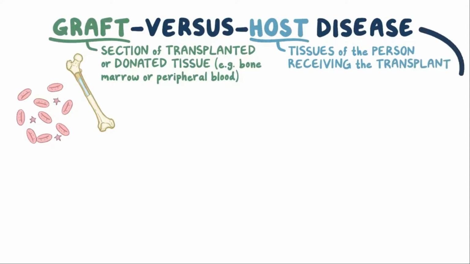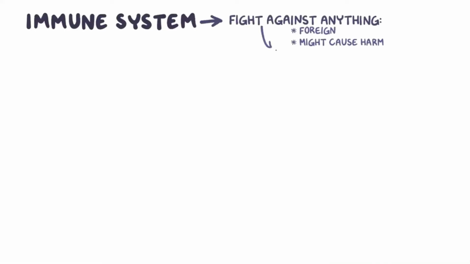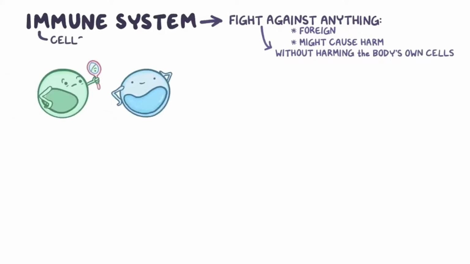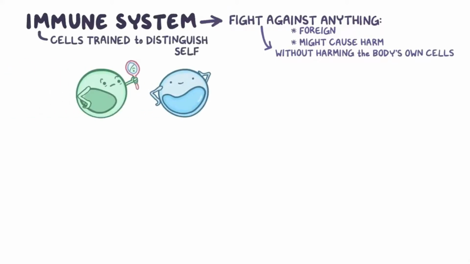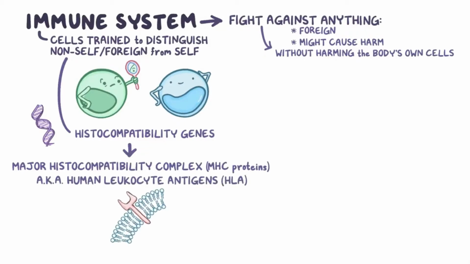In this disease, immune cells in the donated tissue attack the recipient's body cells. Normally, the immune system's job is to fight against anything foreign that might cause harm without harming the body's own cells. To make that work, the immune system cells are trained early on to distinguish the body's own cells, called self cells, from foreign cells, called non-self cells.